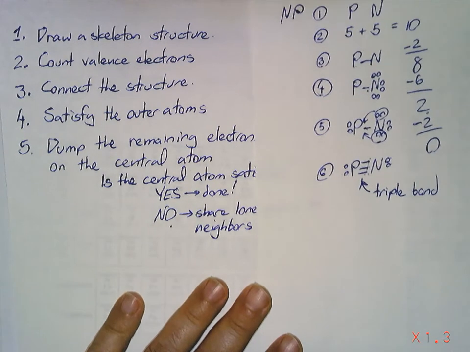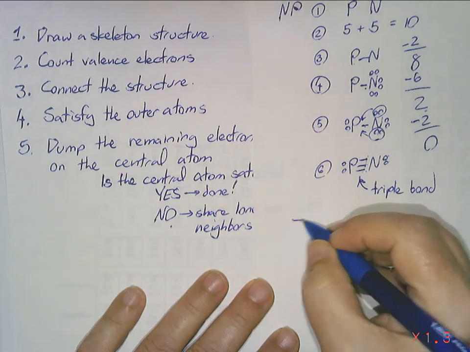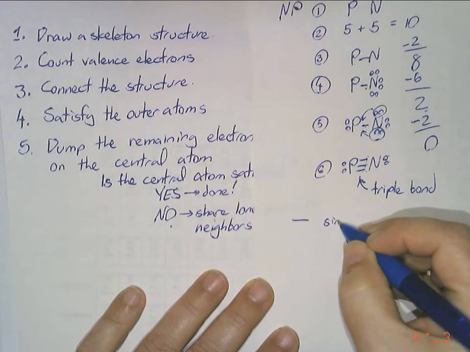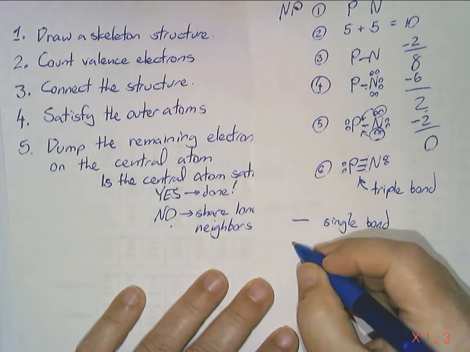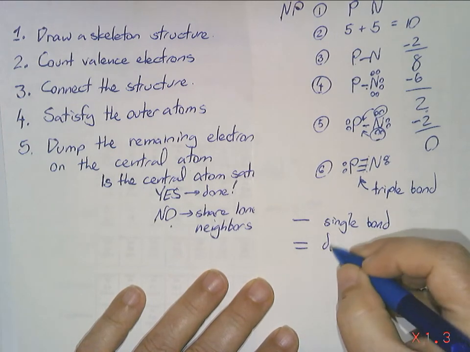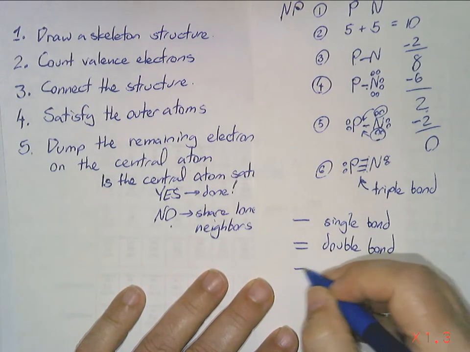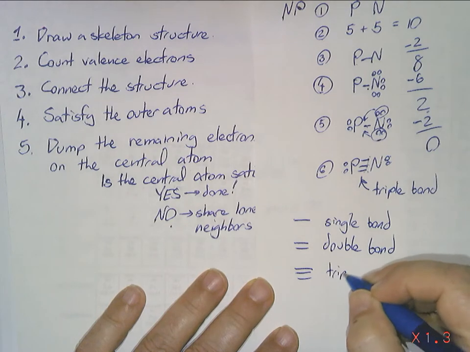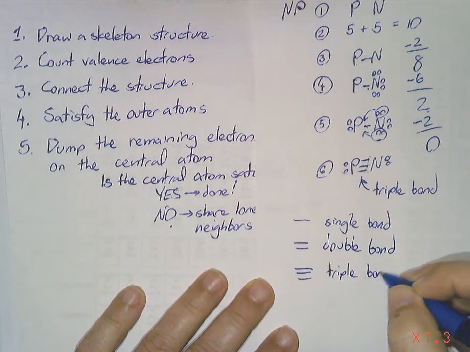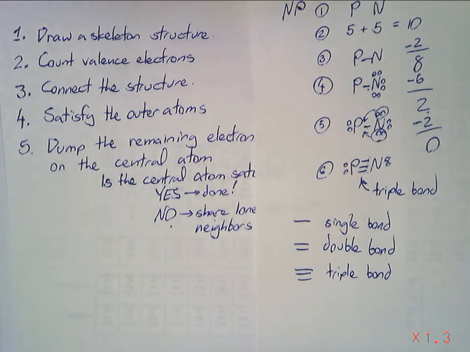Now, what about these multiple bonds? If you've got a single bond, and you've got a structure with a double bond in it, or you could have a triple bond like we just had, and when you get into a 400 level course, they'll show you that you can have a quadruple bond as well.